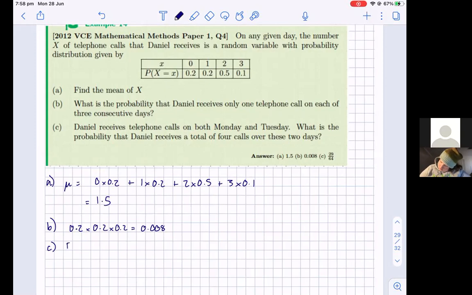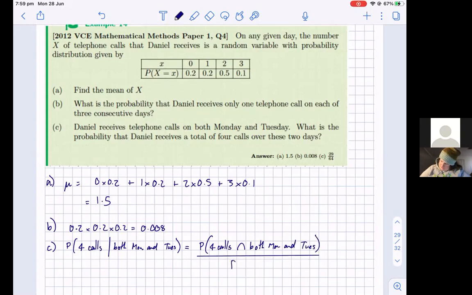So the probability that he gets 4 calls given both Mon and Tues is going to be the probability that he gets 4 calls and both Mon and Tues over the probability of getting calls both Mon and Tues.